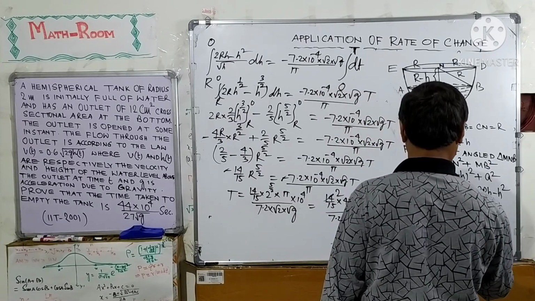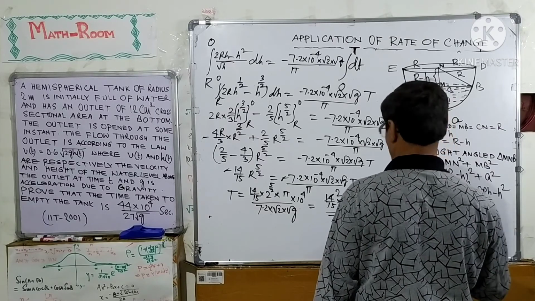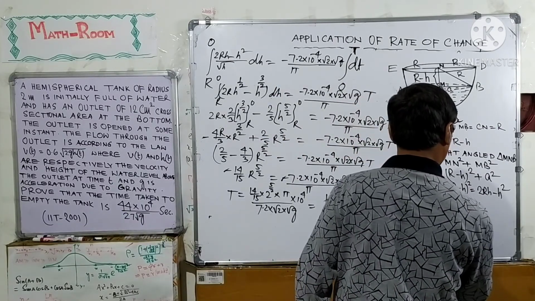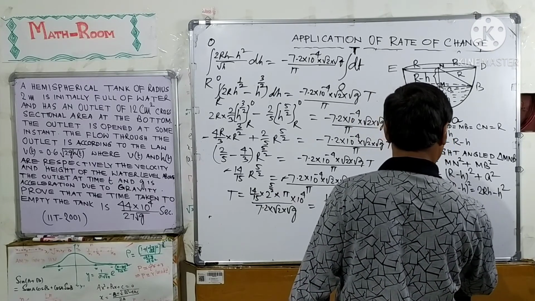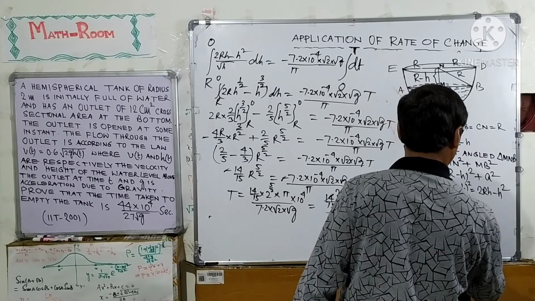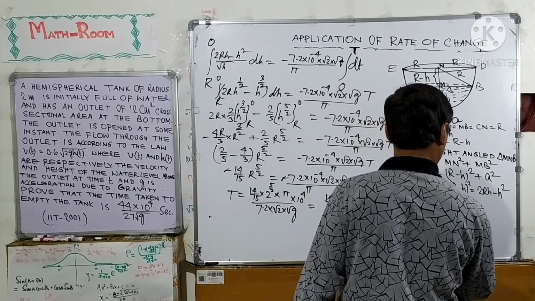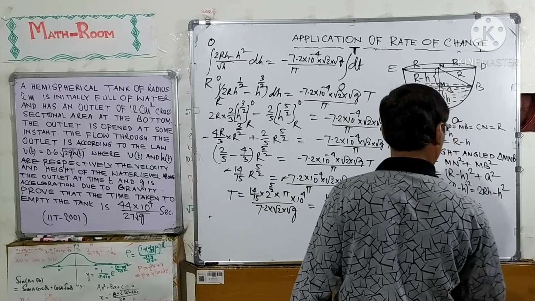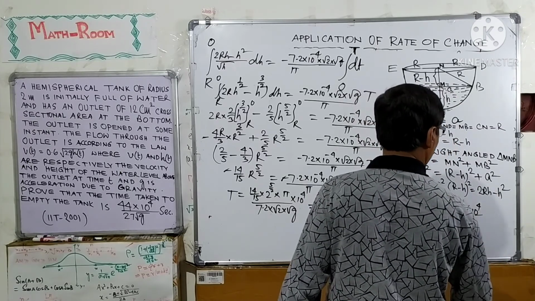This is 2 into 22, that is 44, into 4 into 10 to the power 4 over 15 into 7.2, which is 108, into root g.